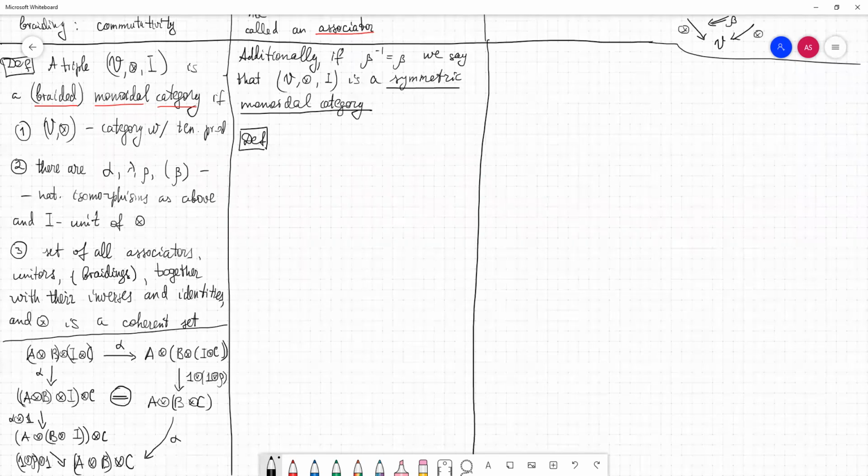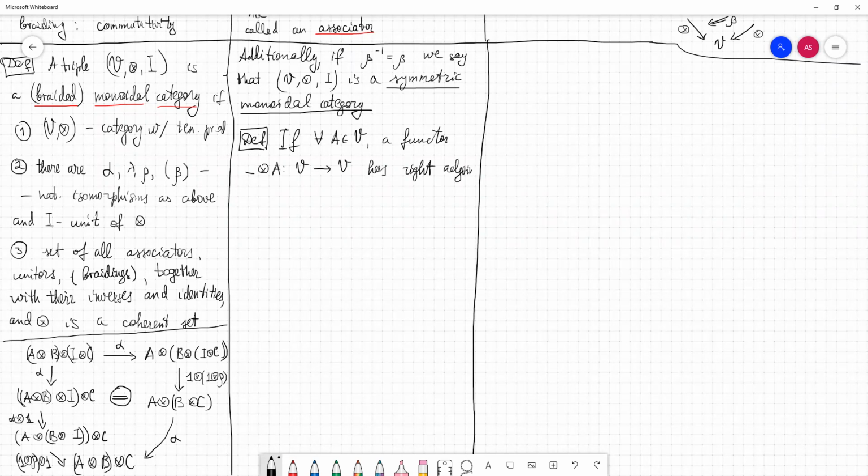So if for any object A belonging to V, a functor blank tensor A going from V to V has a right adjoint, we say that V tensor I is closed.